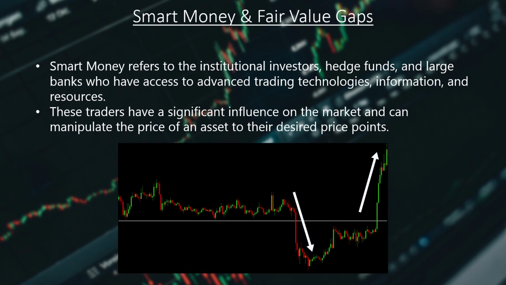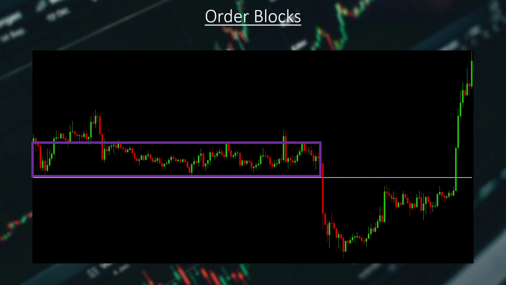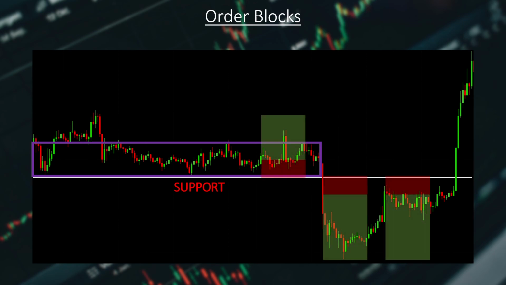One key concept behind smart money trading is the use of order blocks. Order blocks are price levels where significant buying or selling has occurred in the past, and they can act as strong support or resistance levels. Retail traders, like most of us, often place their orders, stop losses, and take profits near these levels, making them easy targets for smart money concept traders. And that's what institutions take advantage of.